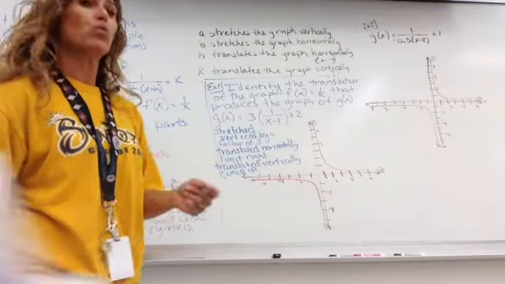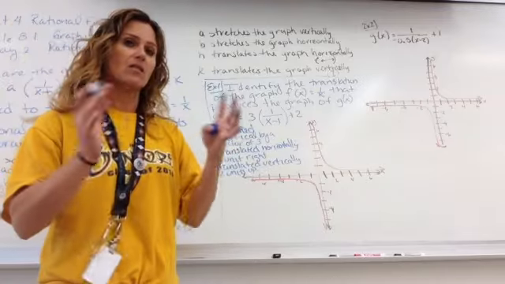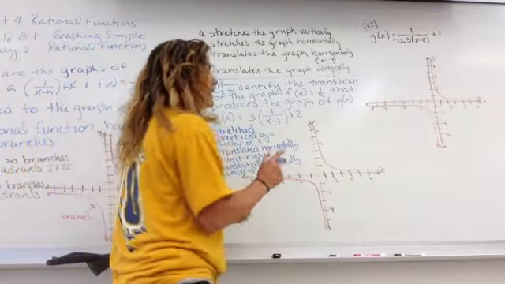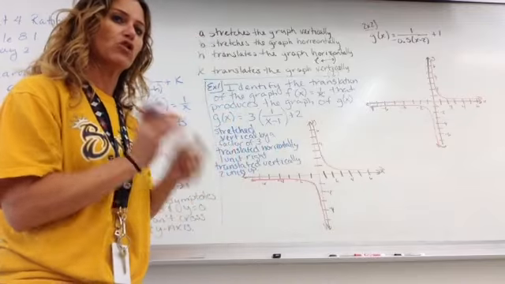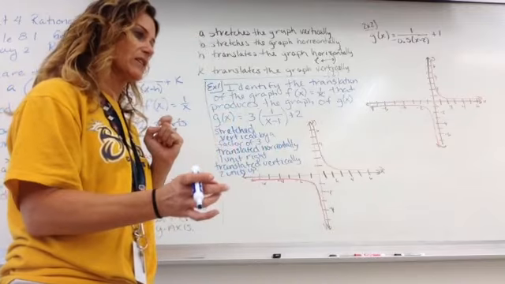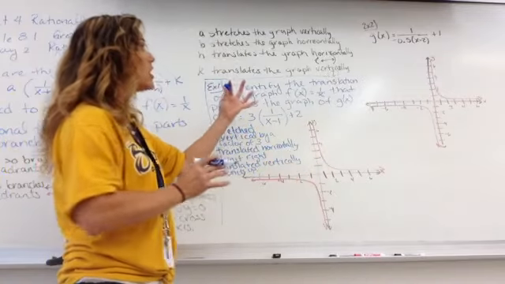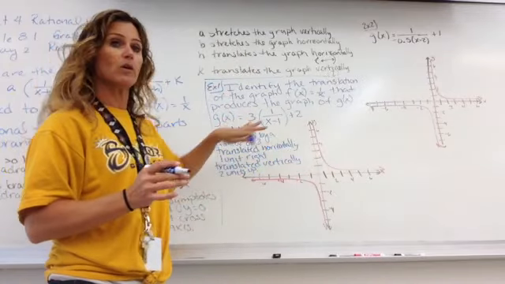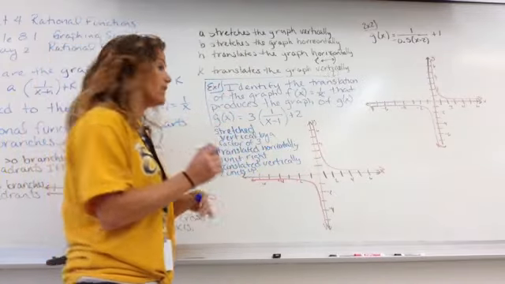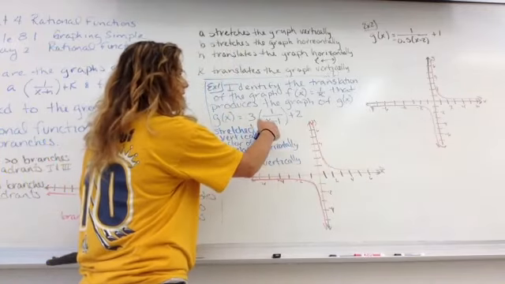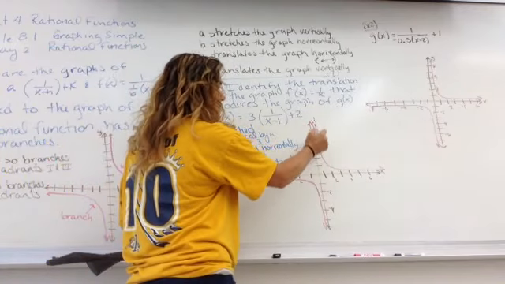So we want to graph. Well, remember, our points are x, comma, y, and we talked last time about when it's a factor, it actually multiplies, and when it's a translation, it adds or subtracts. So we're going to look at where our asymptotes are and where these values go to. So this tells me I have an asymptote here at x equals 1.